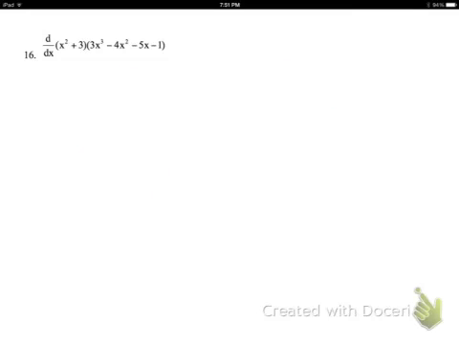Next example. One approach to finding the derivative of this would be to multiply it out first, then you could just use the power rule. What I'm going to do is use the product rule the way it is.